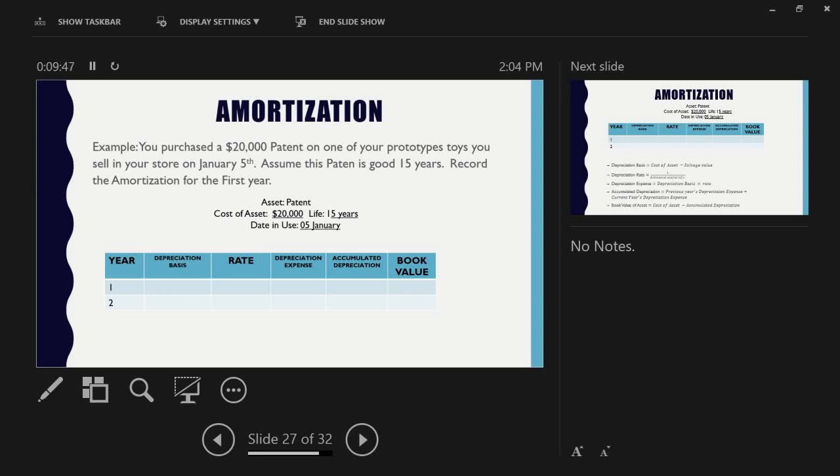All you need to know is the cost of the asset, so it would be the $20,000, because there's no salvage value. We have the cost of the asset, the life of it, and when you put it into service.